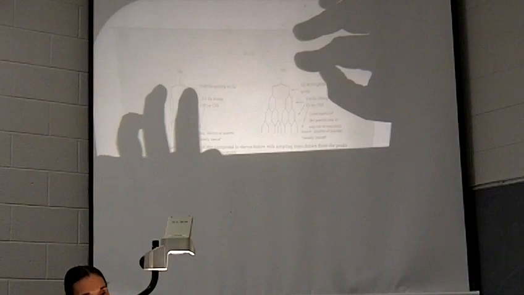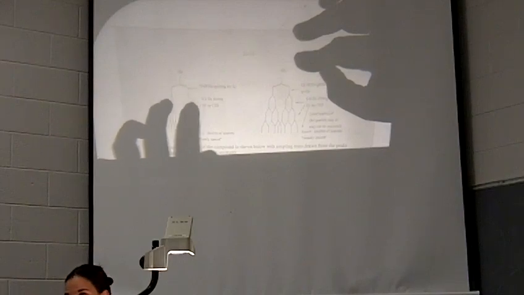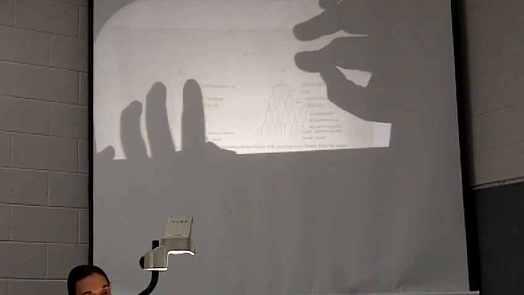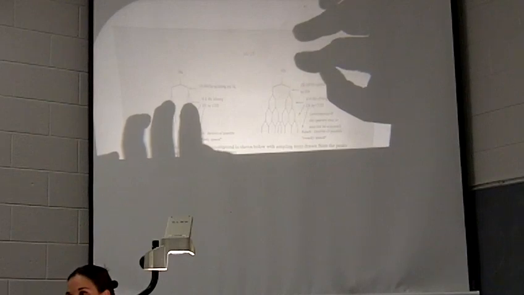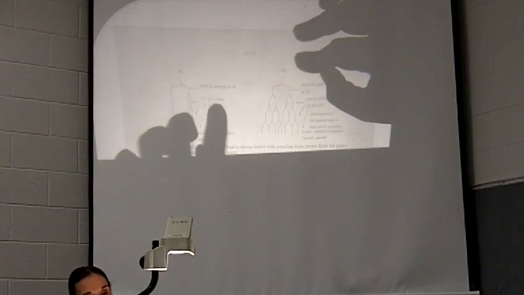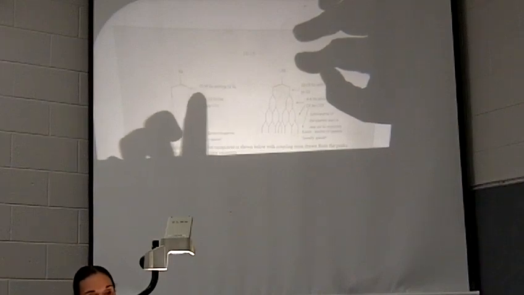If we take our doublet and split it, we have a doublet of doublets, right? Then we split it again, we've got a doublet of triplets, and then we split it again, and we've got a doublet of quartets. So that's where those 3 protons from the CH3 group come into play.